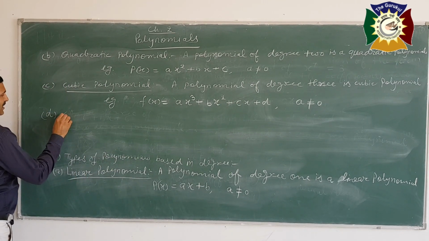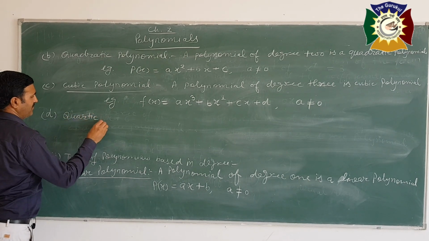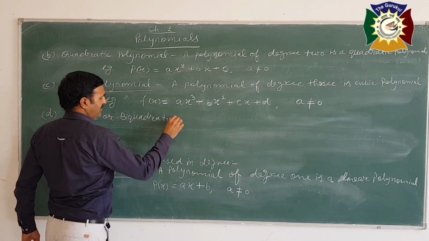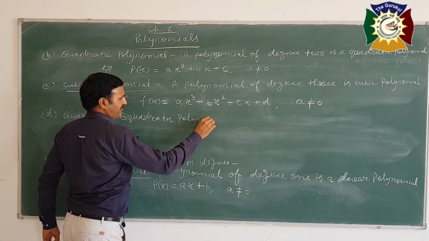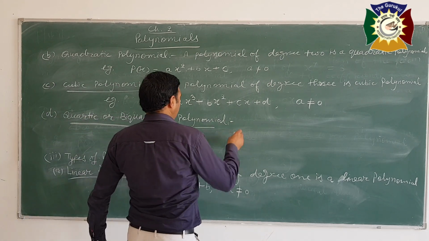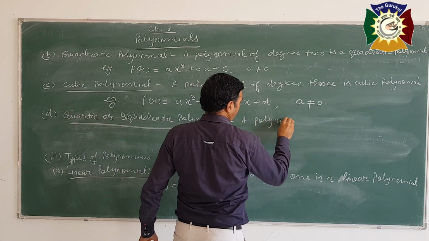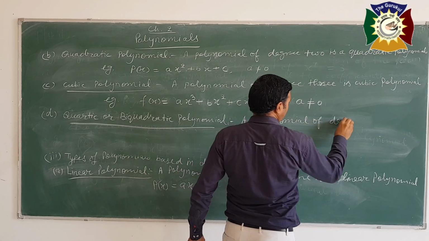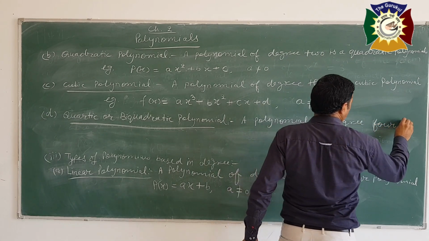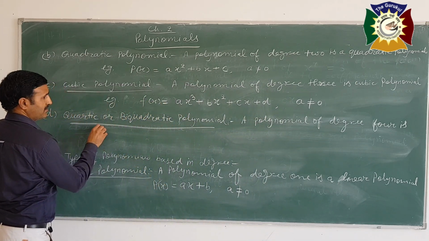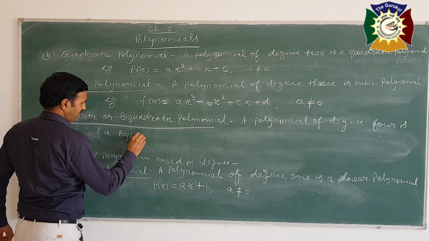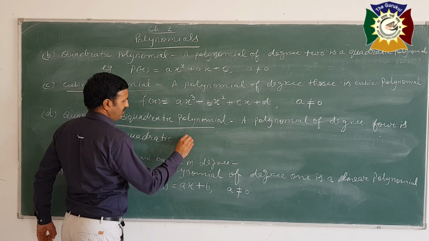D, quartic or biquadratic polynomial. A polynomial of degree 4 is a biquadratic or quartic polynomial.